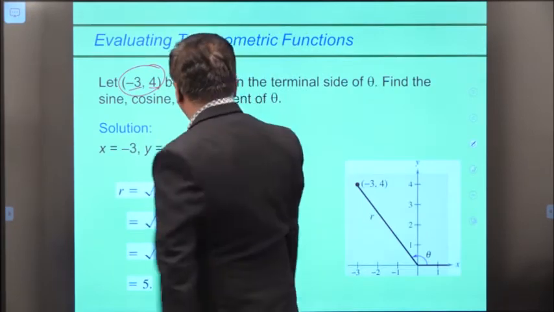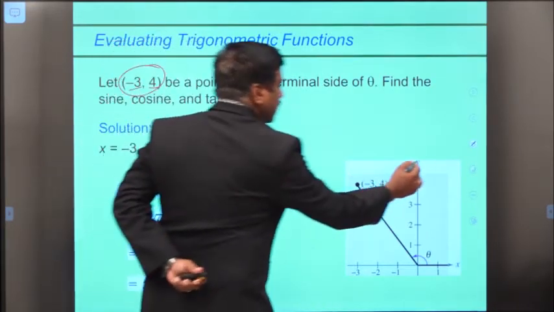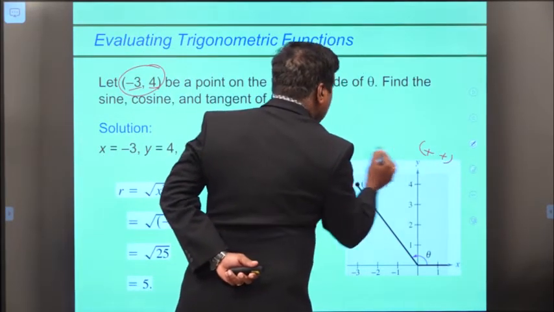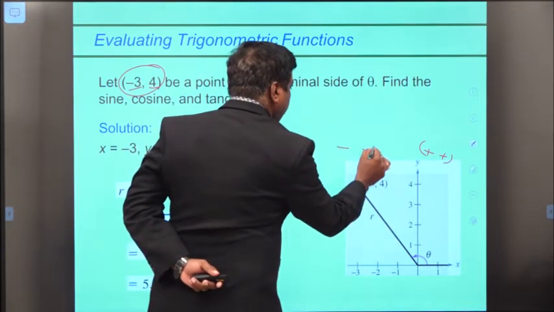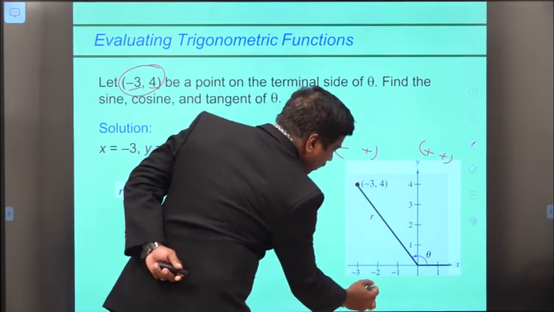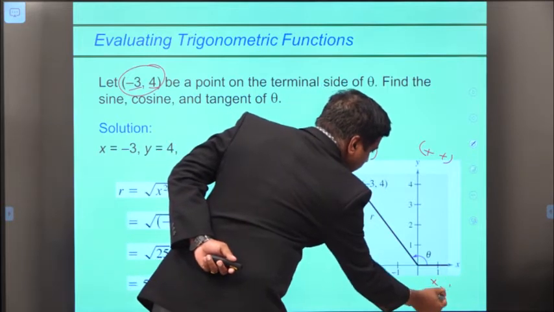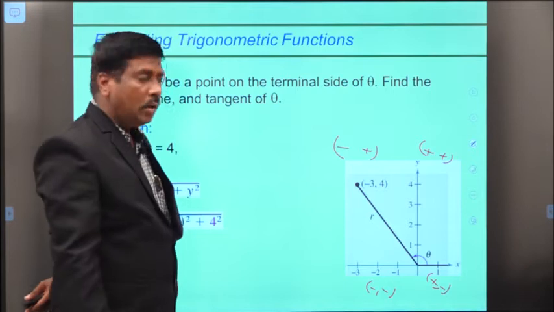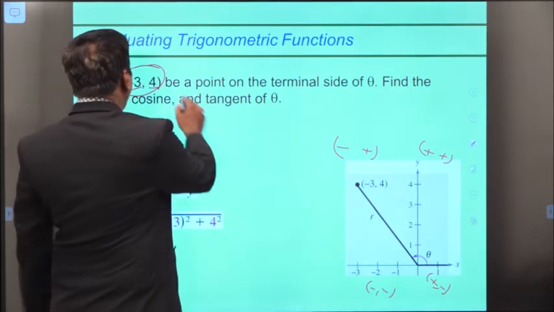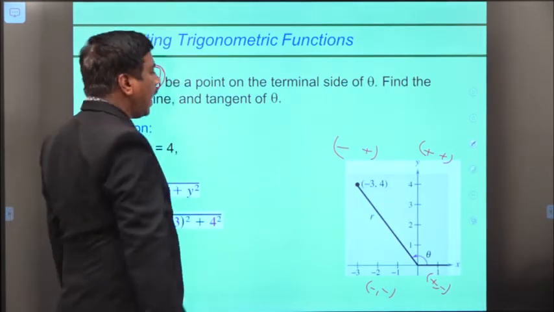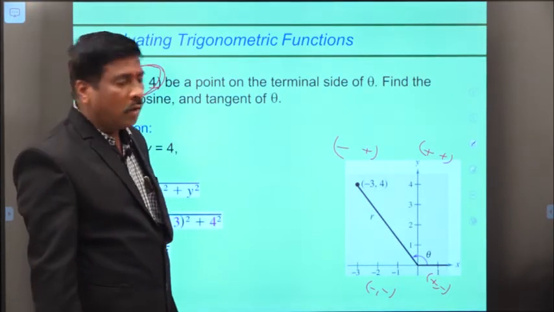Please observe this: the first quadrant is plus plus, the second is minus plus, the third quadrant is minus minus, and the fourth is plus minus. Therefore minus 3 comma 4 is the point that lies in the second quadrant of the coordinate plane.